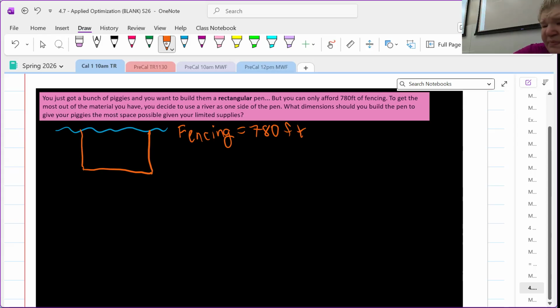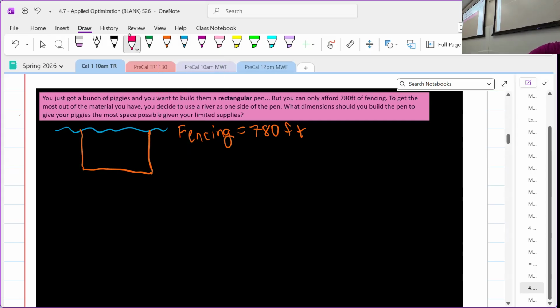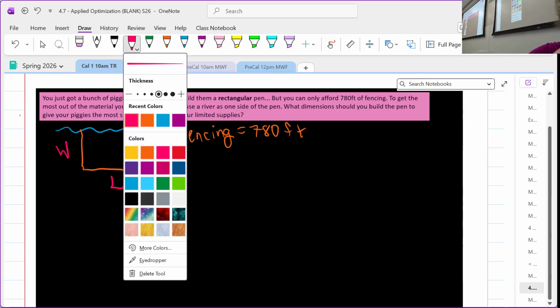You could even say base and height, although we usually use that for triangles, but some people use that for rectangles too. You could even just say, I don't want to think about it, X and Y is perfectly fine. So I'm going to go with length and width. My L's are kind of weird though, so I use capital L's, otherwise they look like ones. So we'll call the length here on the bottom, and we'll call this the width here on the side.